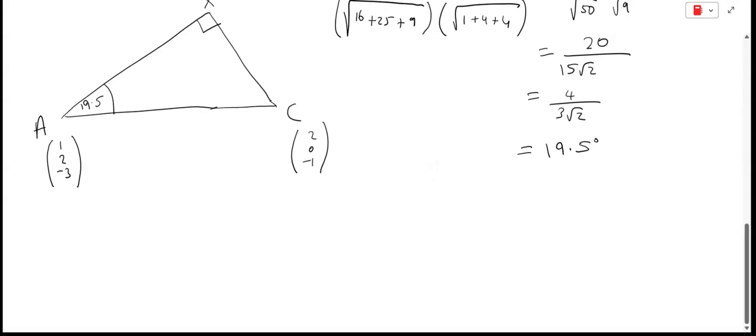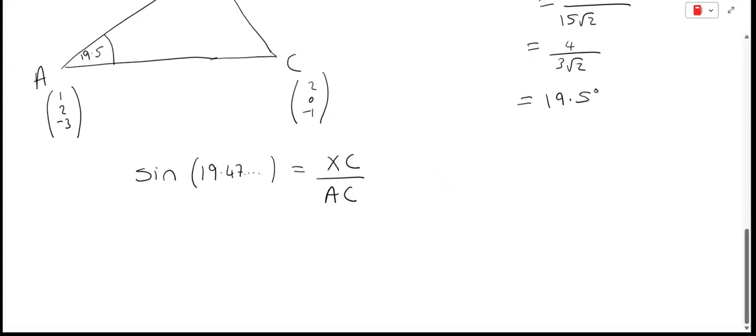Well, just using SOHCAHTOA, I can say that, it's not cos, let's use sine because I'm trying to work out the opposite, which is XC divided by AC, AC being the hypotenuse. I can work out the length of AC. That's going to be the square root of (2 minus 1) squared plus (0 minus 2) squared plus (minus 1 minus minus 3) squared.